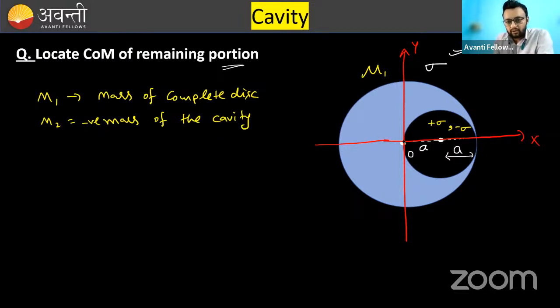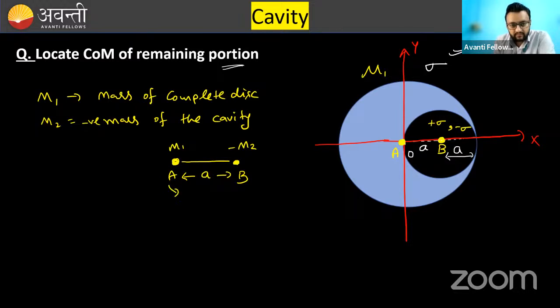This point A and this point B: A is the center of mass of the whole disk, B is the center of mass of the negative disk. Mass M1 is placed at A, mass minus M2 is placed at B, and the separation between them is A. Can you find the center of mass of these points?